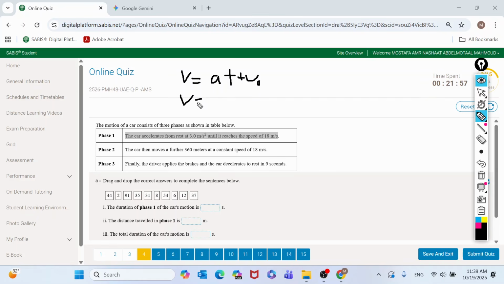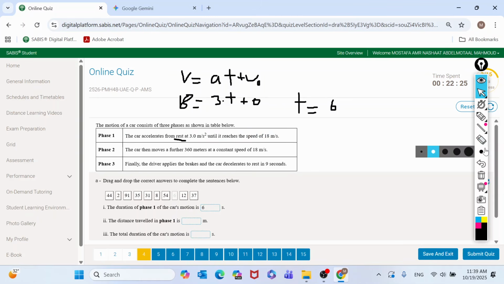V is 18, so 18 equals 3 times T plus V0, which is 0 since it starts from rest. So 18 divided by 3, T is 6.